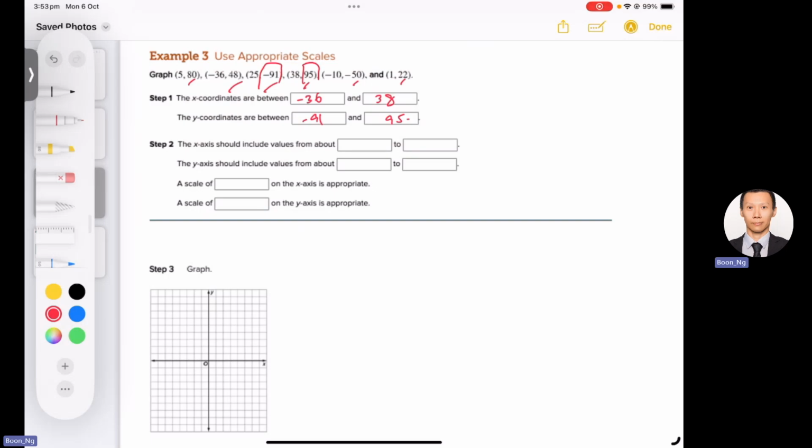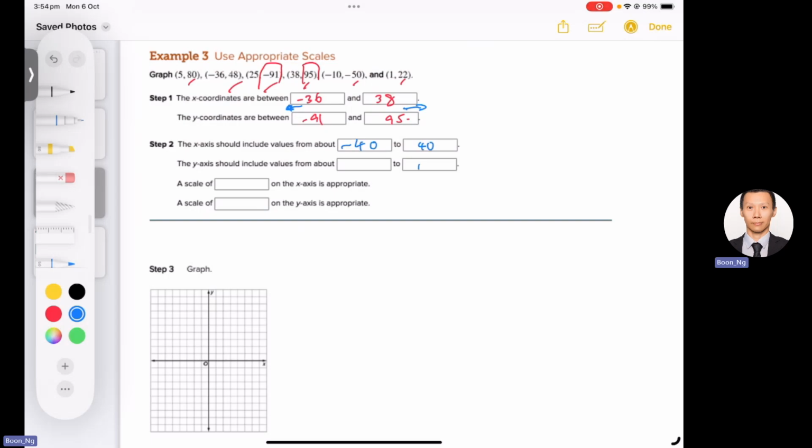Typically, for the x value, when you are plotting a graph, you need to include slightly to the left and slightly to the right. So slightly larger than 38 will be 40, and slightly to the left of negative 36 will be negative 40.